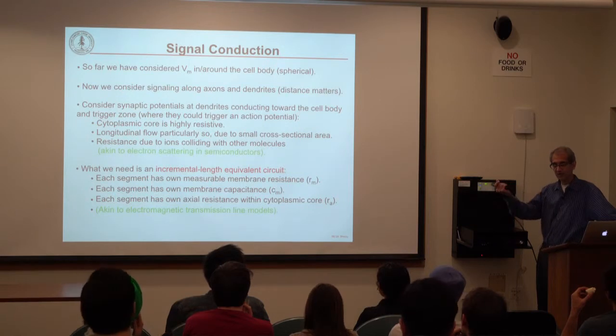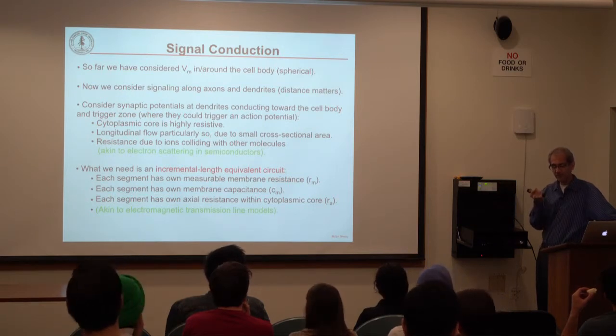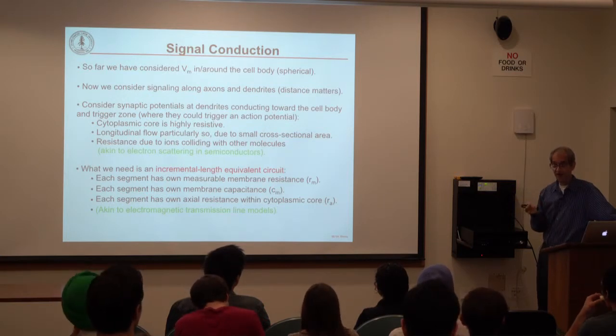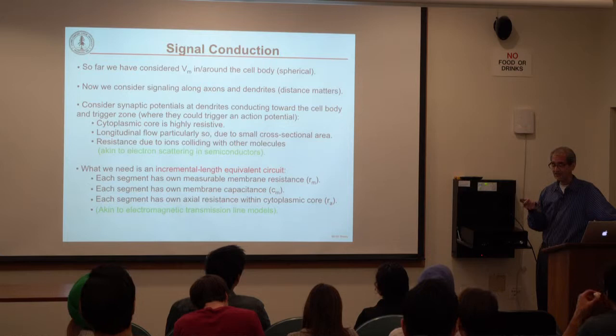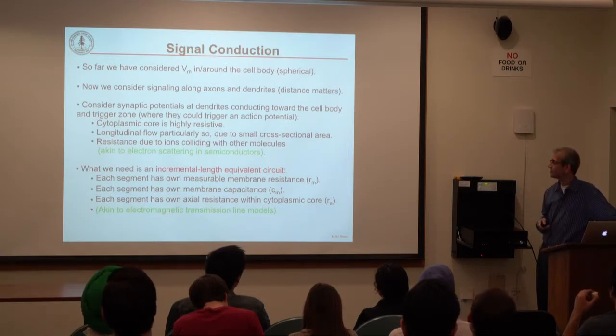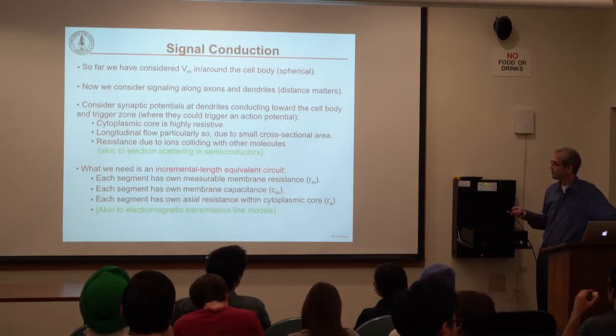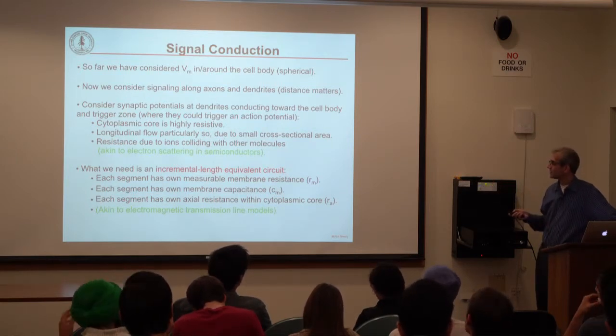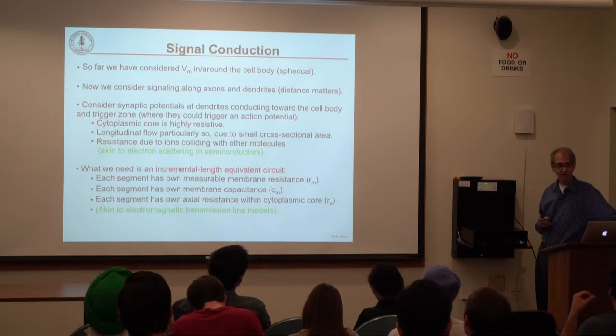In other words, the solution on the inside of the dendrite isn't like a metal wire. It's a resistor of some sort. The longitudinal flow, meaning down the direction of the dendrite, is particularly resistive, and that's due to the small cross-sectional area.